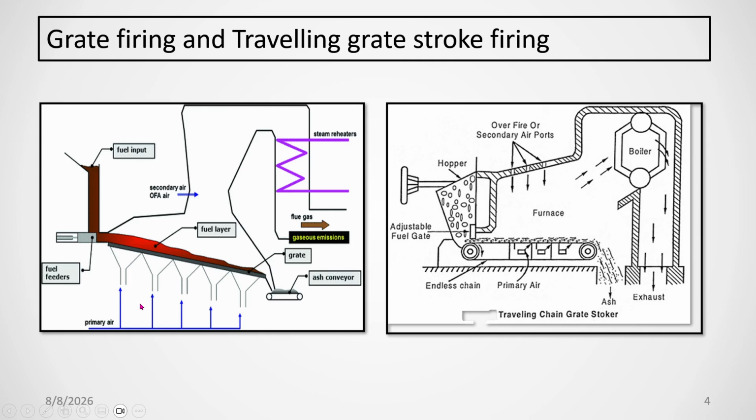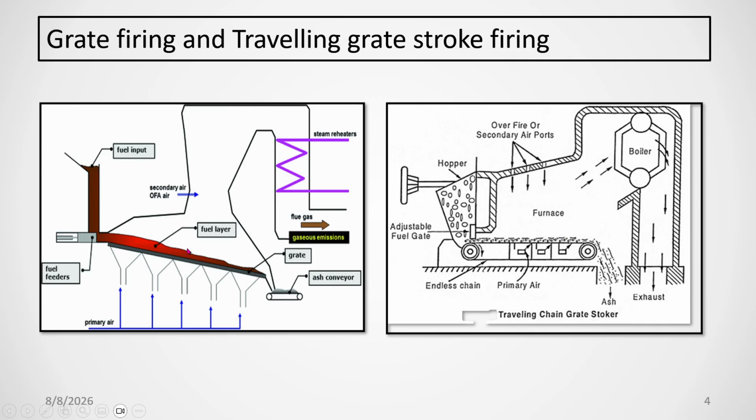From the bottom, primary air is introduced, and then firing takes place. The flue gas goes from the water wall to the superheater, and finally to the atmosphere. With the help of a poking rod, we collect the ash in a conveyor and discharge it outside.